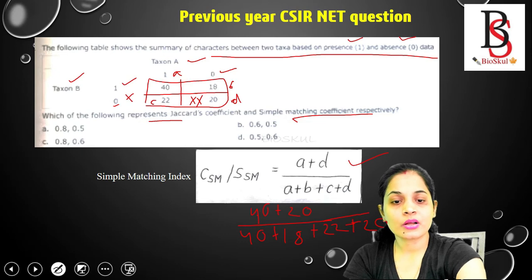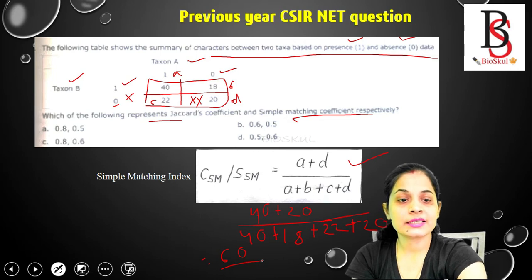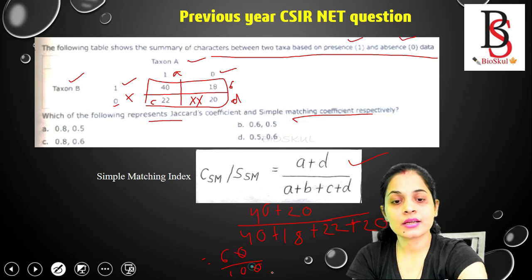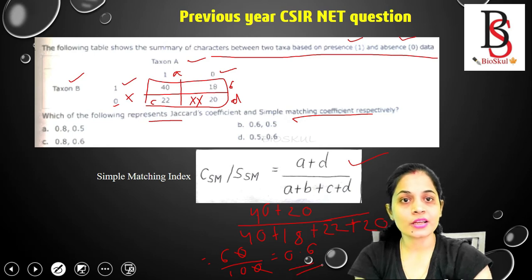So 40 plus 20 equals 60, and the denominator is 40 plus 18 plus 22 plus 20, which is 100. 60 upon 100, cancel the zeros, and the answer is 0.6.